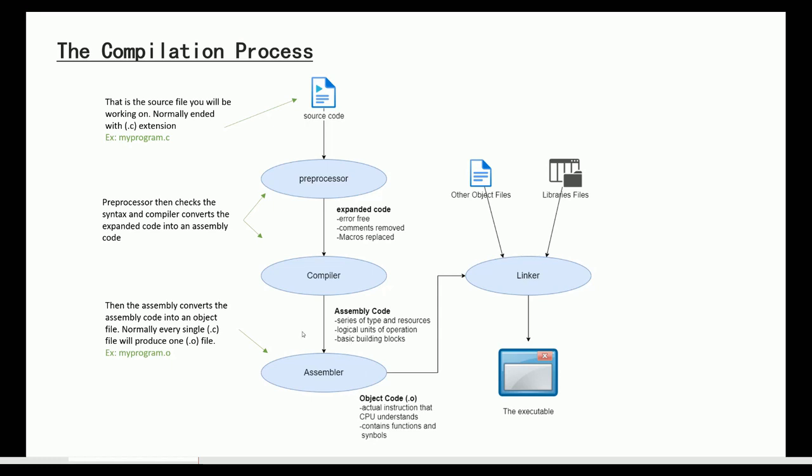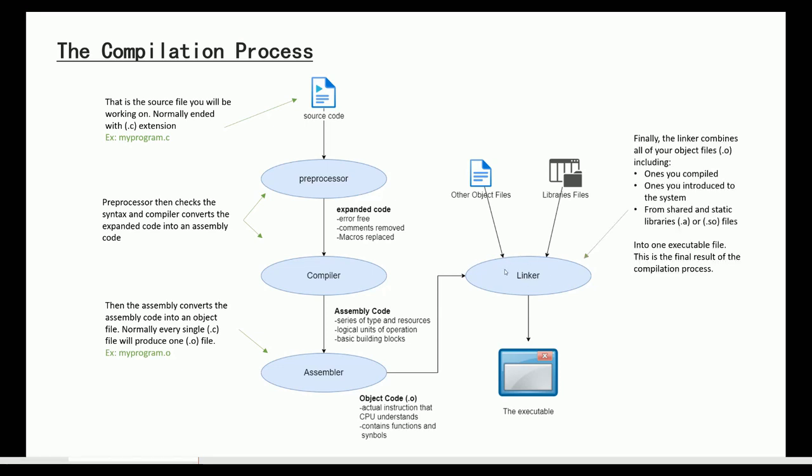And then finally, there's the final module called a linker inside the compiler. The linker's job is to put together all of your object files. And again, you can have more than one, depending on how many source files you have. So you will combine all of your object files, including the ones that you compiled right here, and also the ones you introduce to the system.